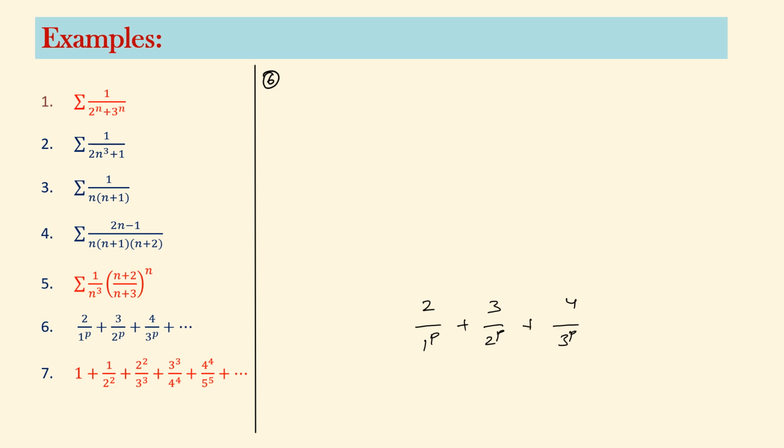So how can you take this as the nth term? It starts from 1 in the denominator, 1, 2, 3, and numerators 2, 3, 4. So I'll take n in the denominator and n plus 1 in the numerator, with summation n equal to 1 to infinity. So this series can be written like this, right?